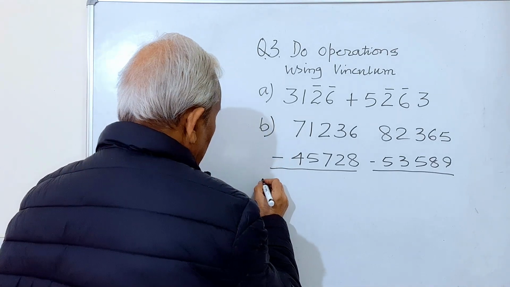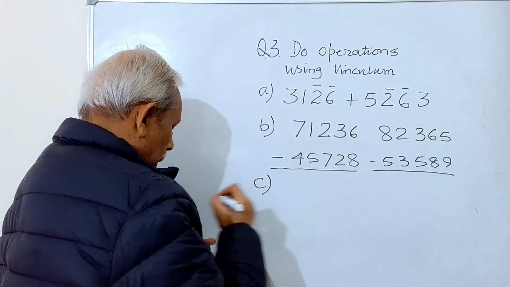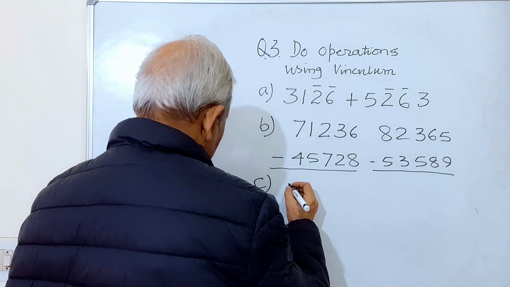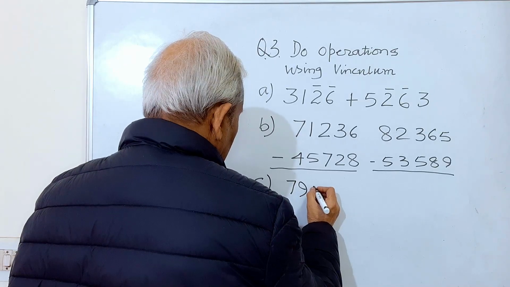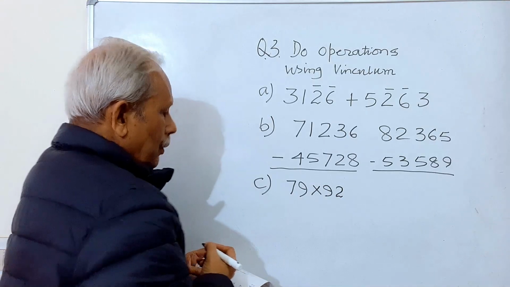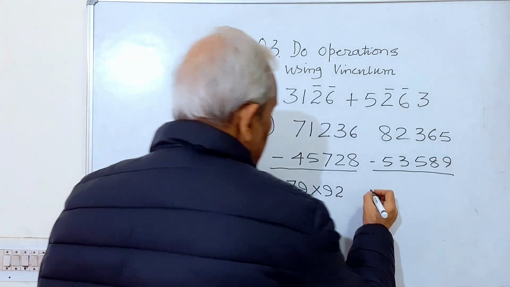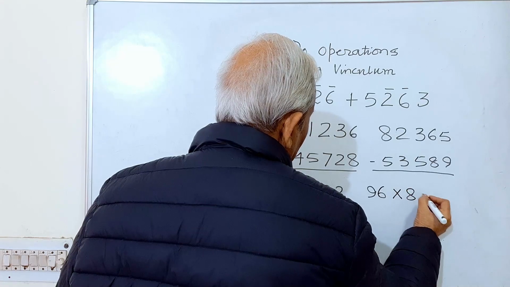The next question is question number C. 79 into 92. Multiply these two numbers using vinculum, and 96 into 89.